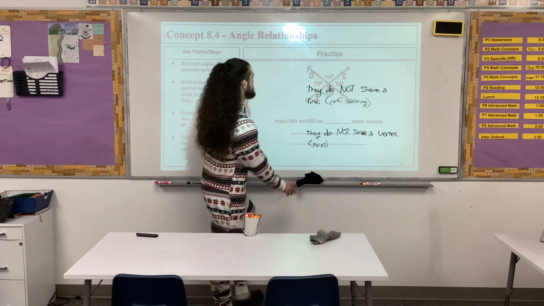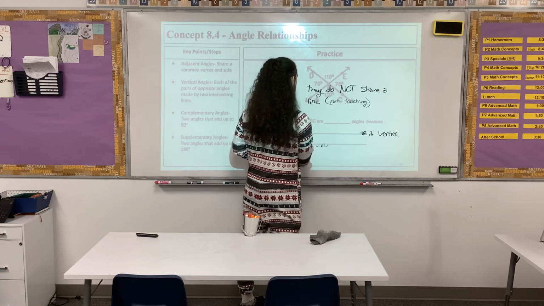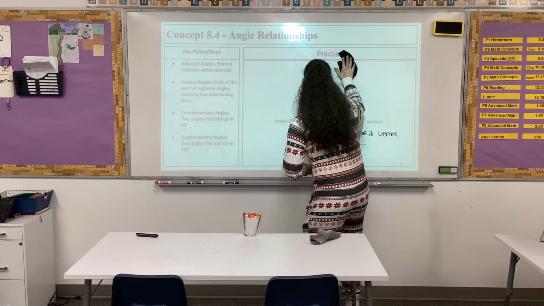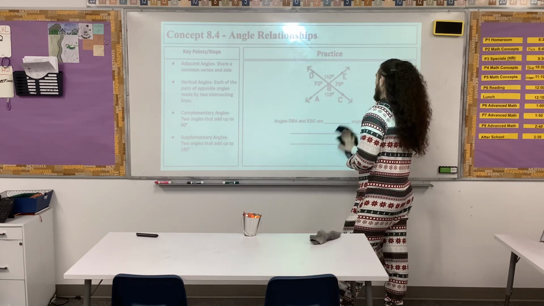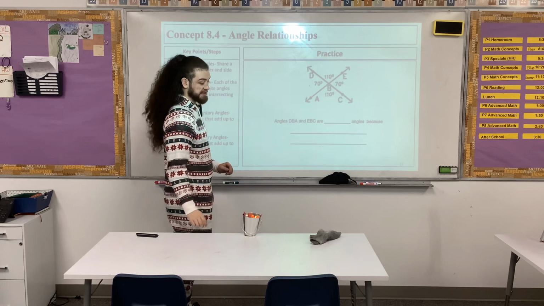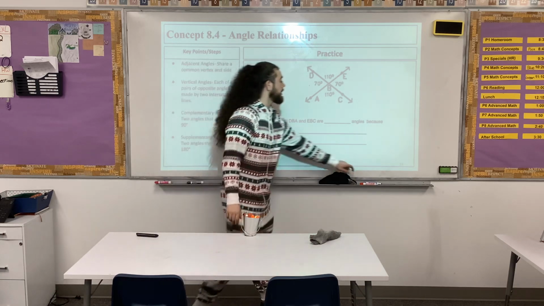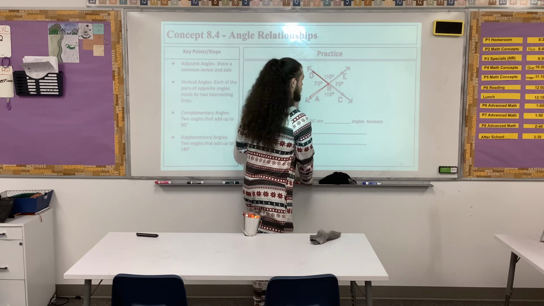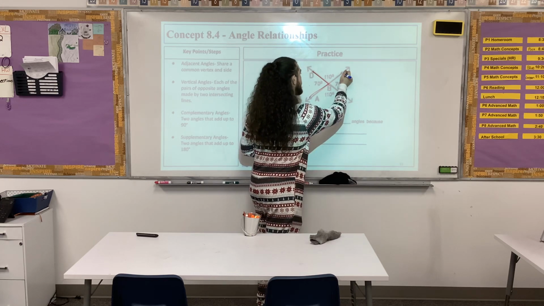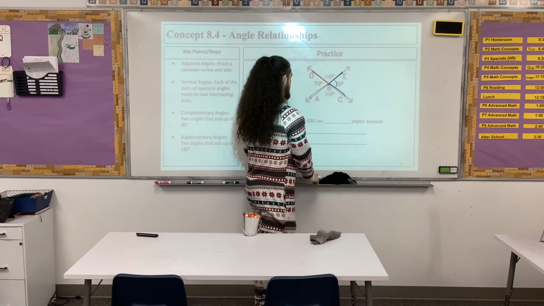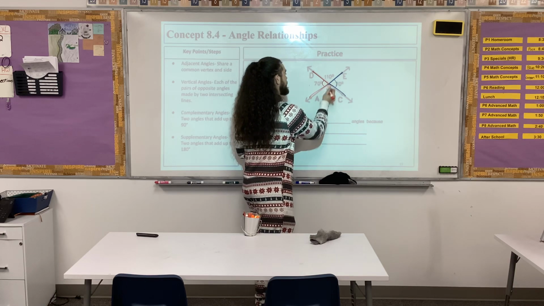Now angles B and angles B, right? They're all angles B. Angles DBA and angles EBC are vertical angles because, well, we have angle DBA right here from D to B to A, and angles EBC from E to B to C. These two angles right here, both of them are 70 degrees.